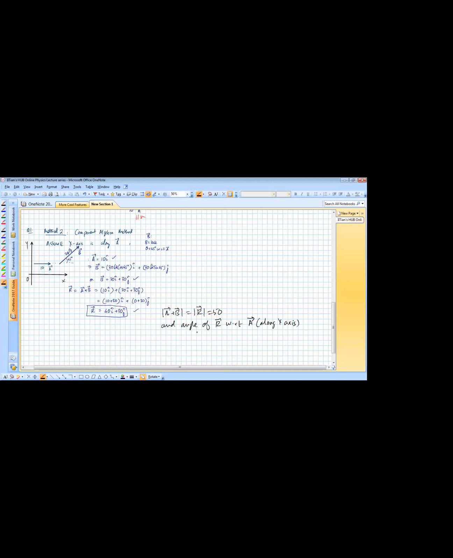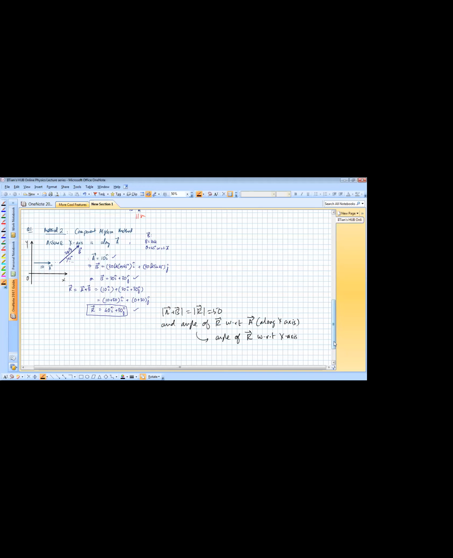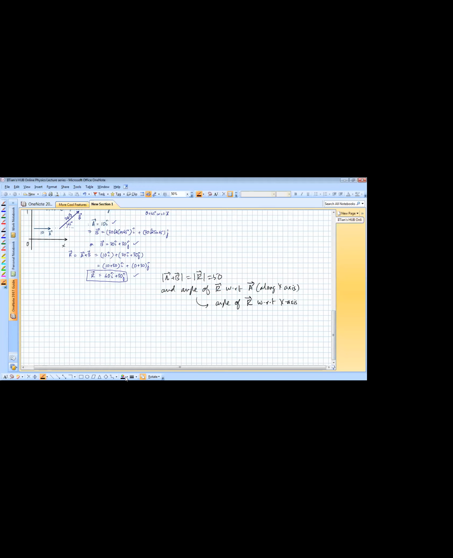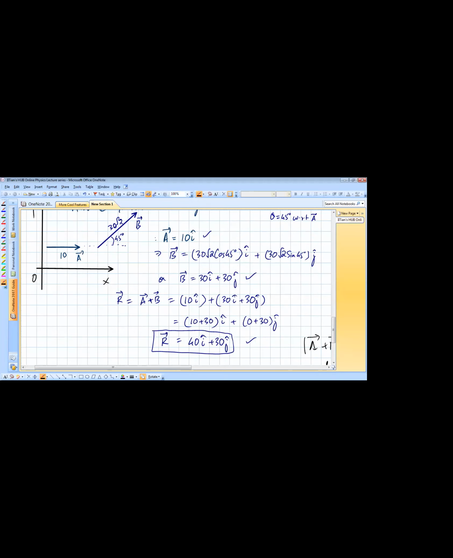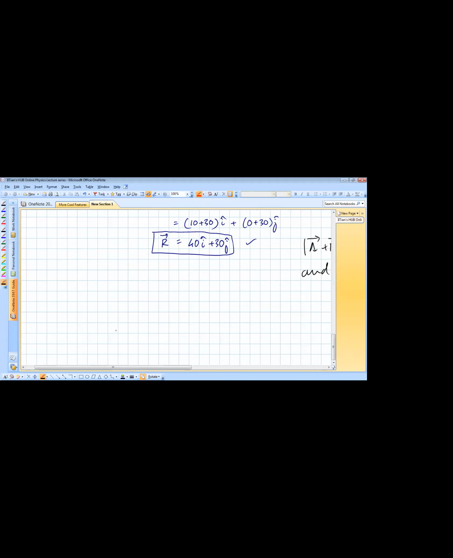So basically this angle is the angle of the resultant with respect to the x-axis. Whatever angle the resultant vector is making with the x-axis, ultimately that is the angle it's making with the vector E.